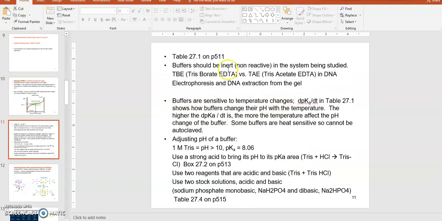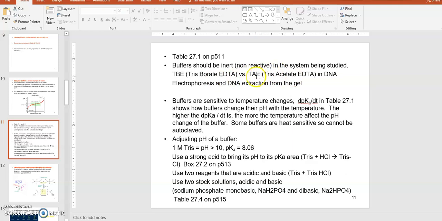Buffers themselves should be inert, meaning non-reactive. They should not react with your API or the biological molecules that you are trying to isolate or purify. Their main function is to protect your molecules from pH change, so they should not react with your target molecule, of course. Examples are buffers you may have made in your lab, TBE or TAE, electrophoresis buffers.